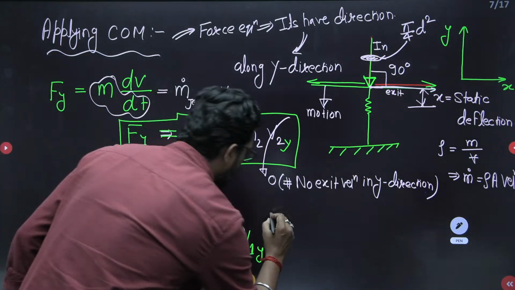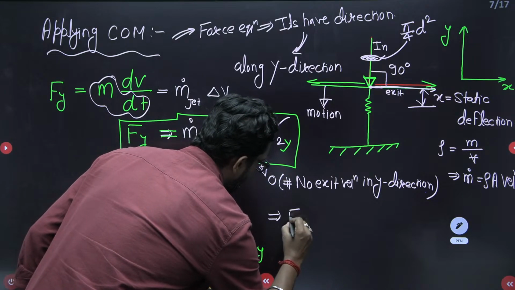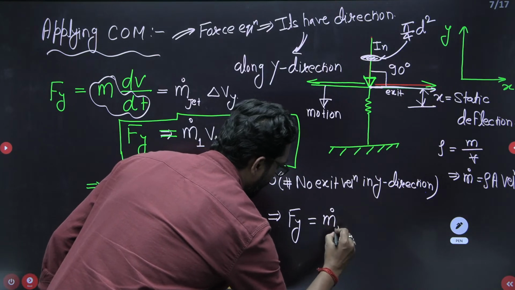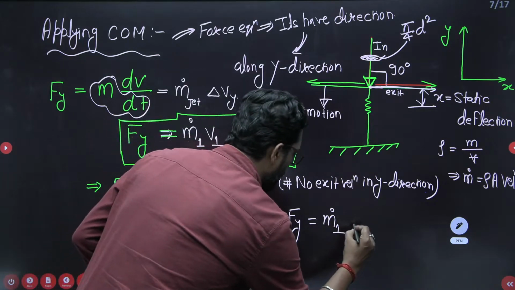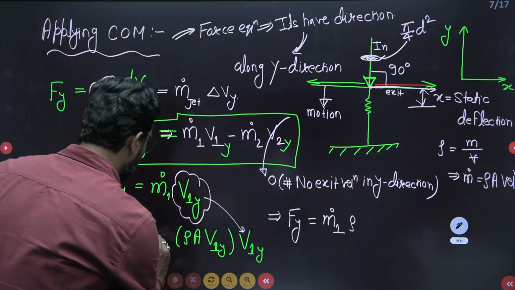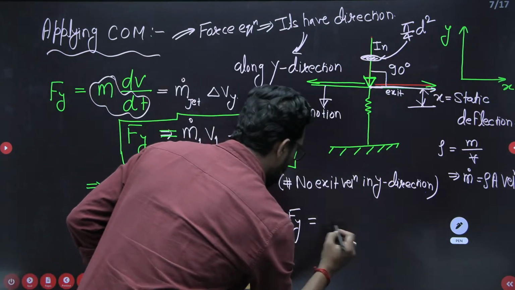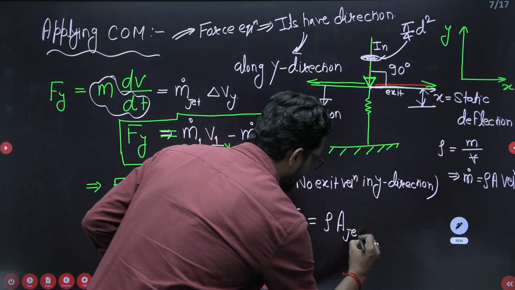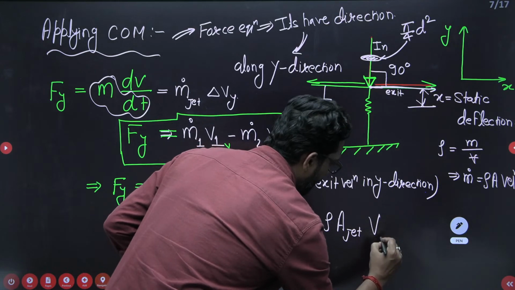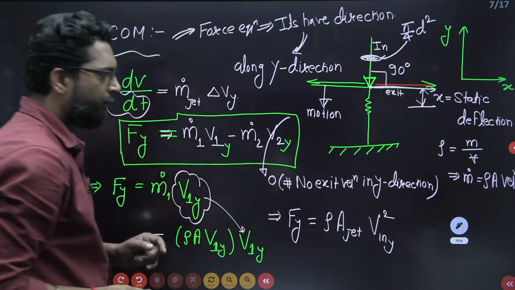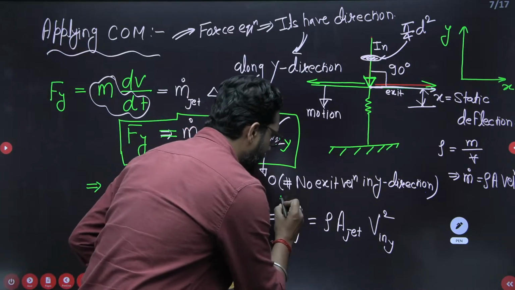So what is the ultimate? Fy is equal to, not m dot, you have to remove it, rho times area of jet times v inlet in y direction whole square. So this is your force in the y direction.